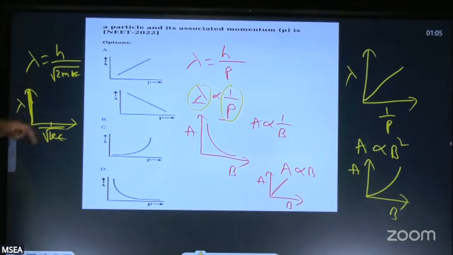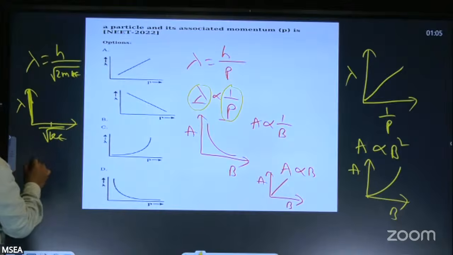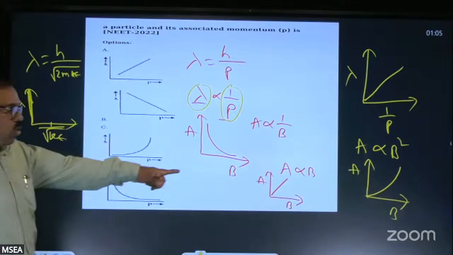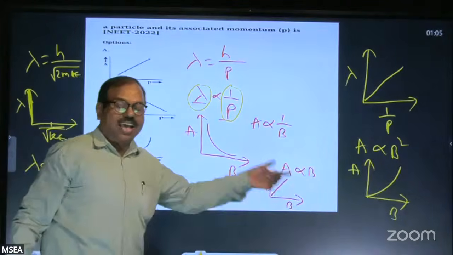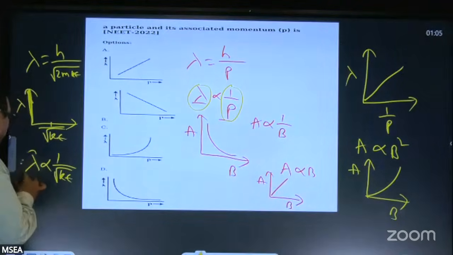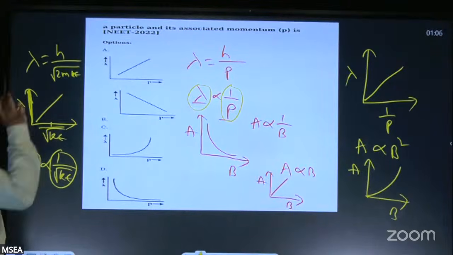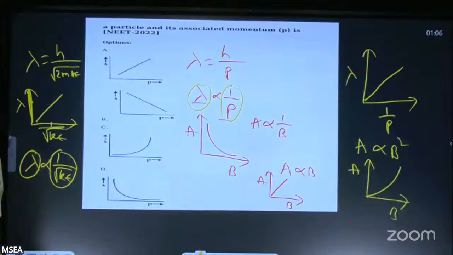What is the relation we have? Lambda proportional to 1 by root of KE. As I told, if directly proportional, the graph is a straight line passing through the origin. Lambda and 1 by root of KE are two quantities. As they are directly proportional, we get a straight line passing through the origin.